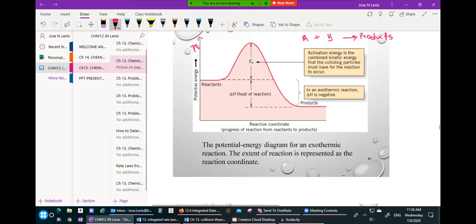So the reaction can be either exothermic, when delta H standard of the reaction is negative, for an exothermic situation, when the reaction releases heat, releases energy, or this reaction can be endothermic, when delta H standard for the reaction is positive.